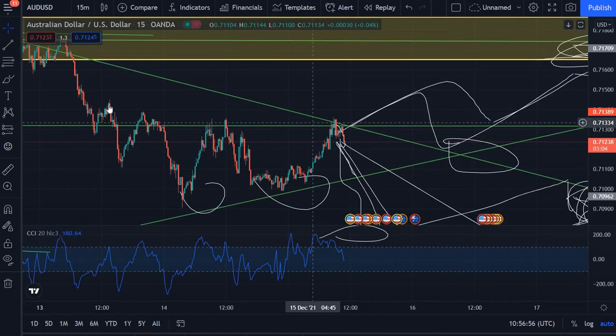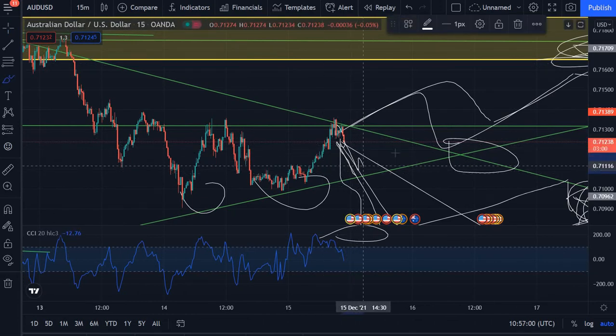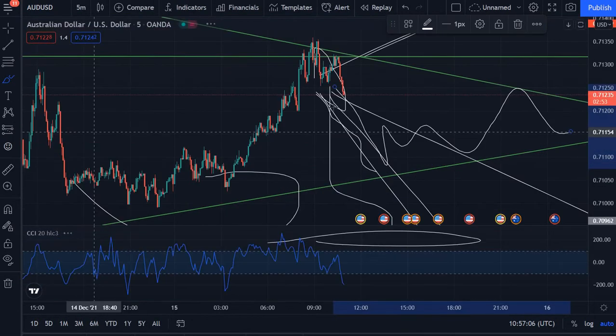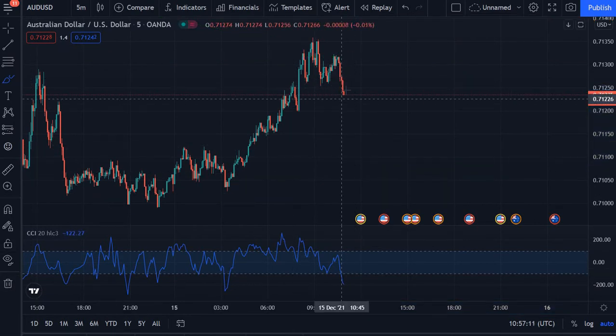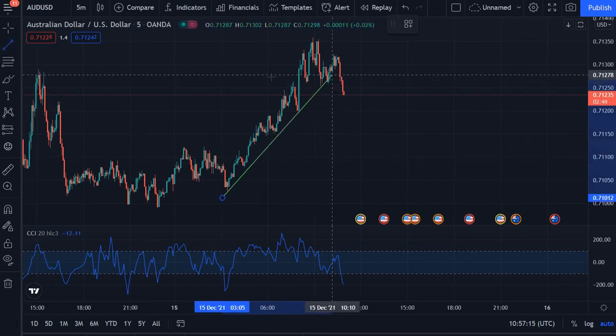Here, well, pretty much likely we will head lower here and then see some kind of breakout once we hit this triangle. On the 5-minute chart, we are breaking slightly below this trend line here, broke this structure.